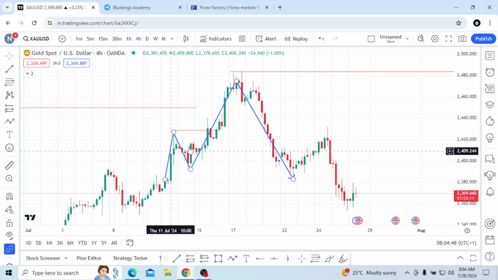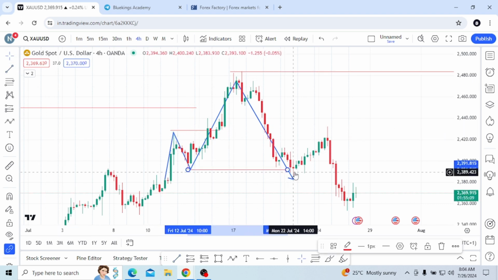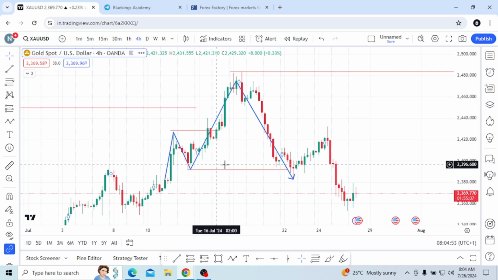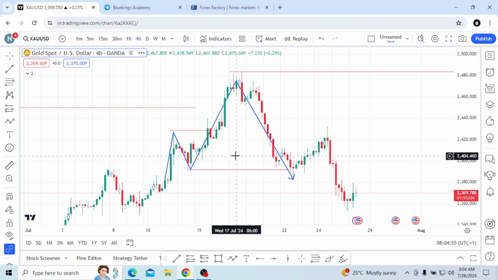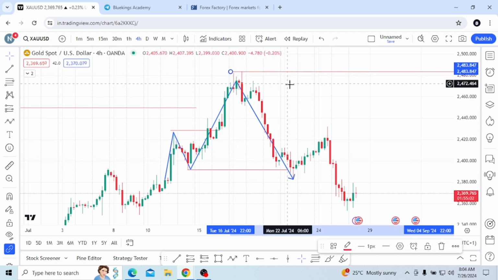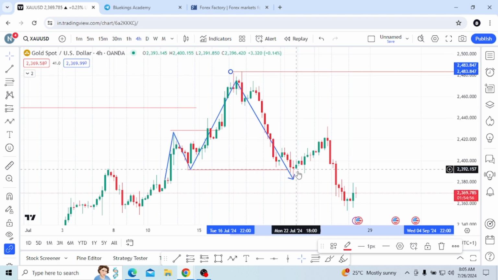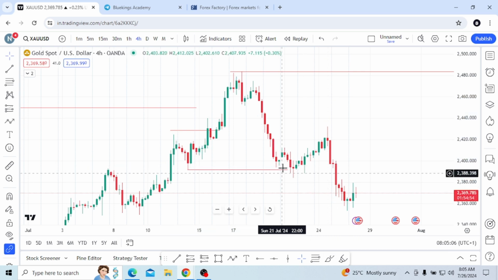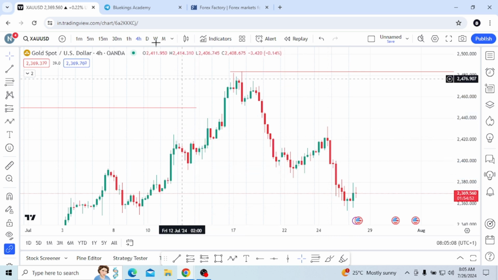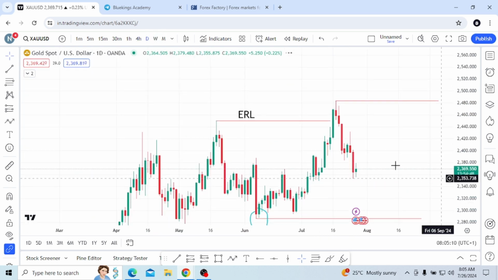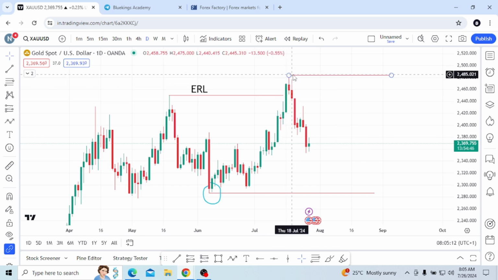We had that, we took out this, and we took out this. When this has not happened, trust me, this was not qualified to be a daily dealing range. But because it has happened, it's qualified. So take a look at it right now, back on the daily. That's the criteria for this to be a daily dealing range high.